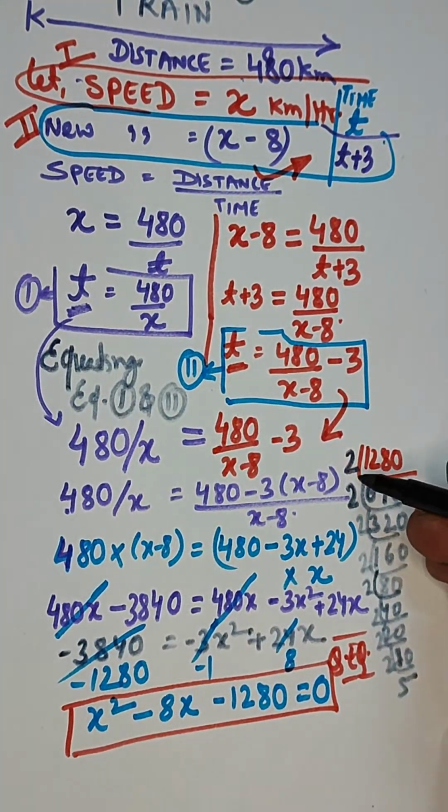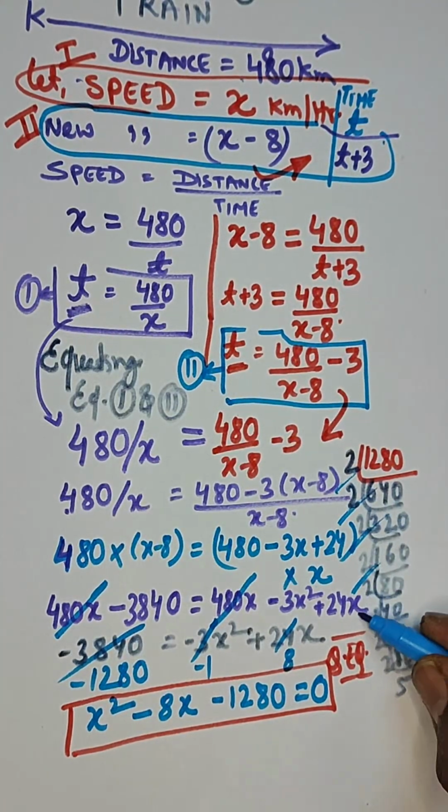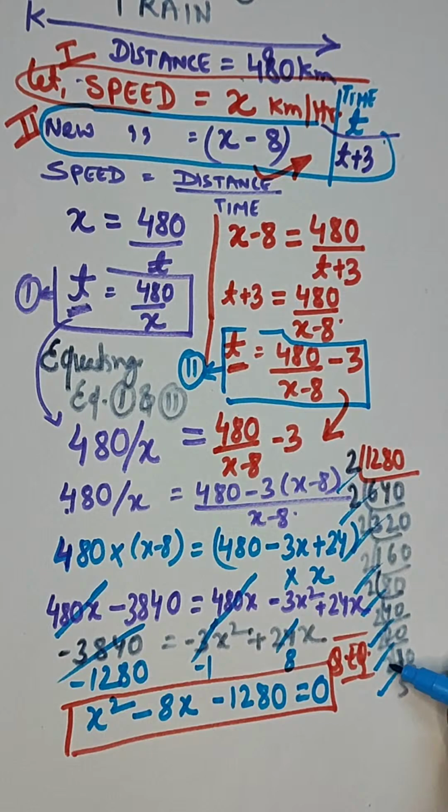So here you can see two, two, two, two, two, two, two, two. 1, 2, 3, 4, 5, 6, 7, 8. 8 times 2 is coming and 1 time 5.